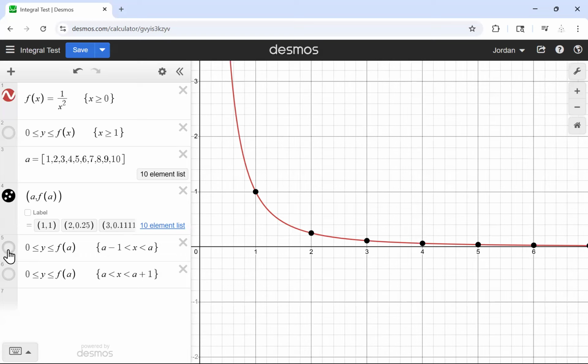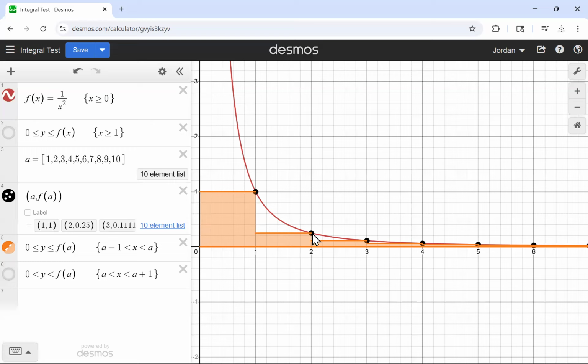Now, conveniently, if I look at this set of rectangles, this set of rectangles has height exactly equal to the y value of each point that I'm adding up.